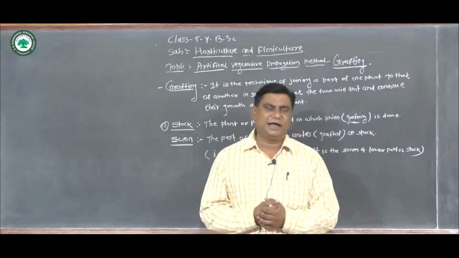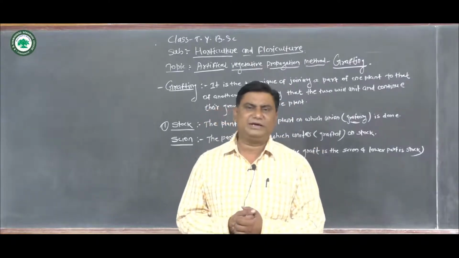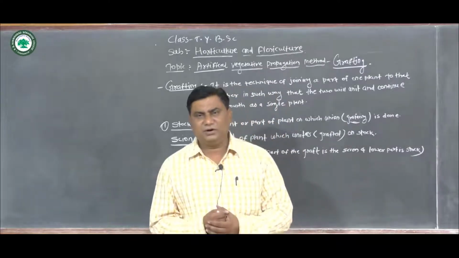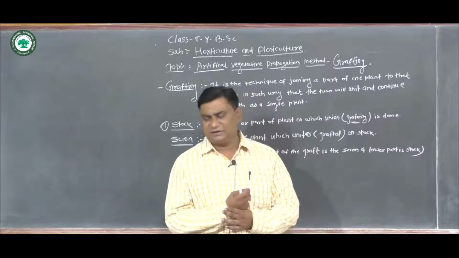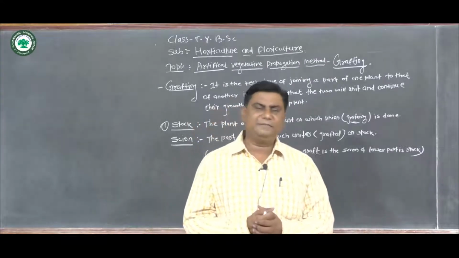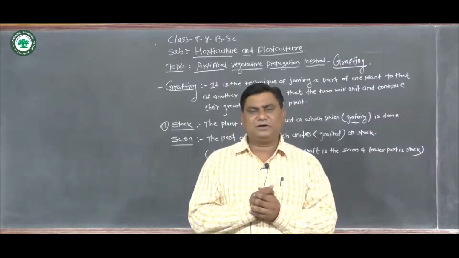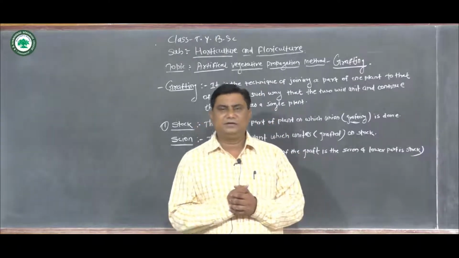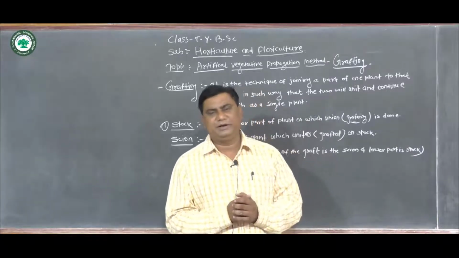We know that callus is nothing but an undifferentiated mass of cells. So first, callus forms at the place where they are united. This is an essential condition for grafting.